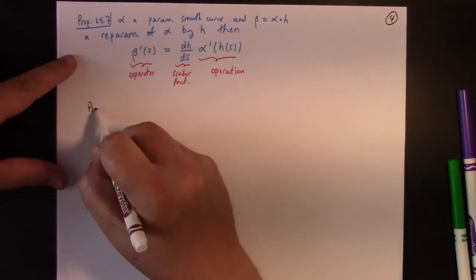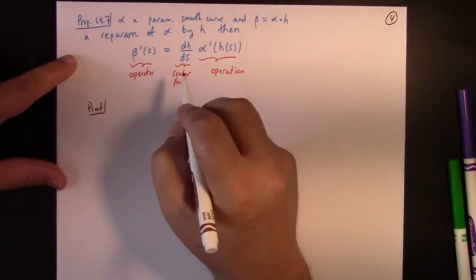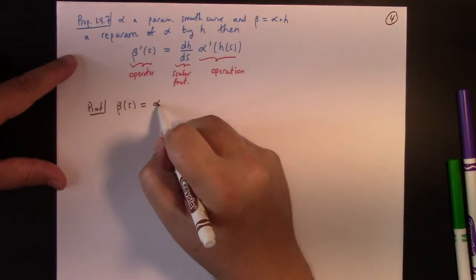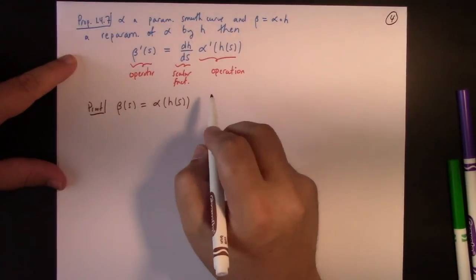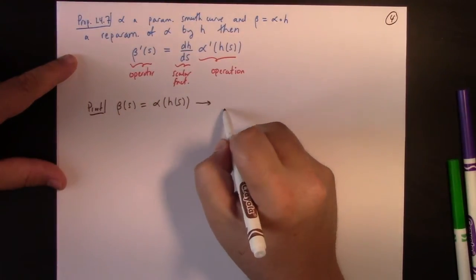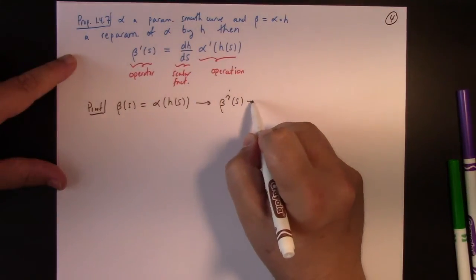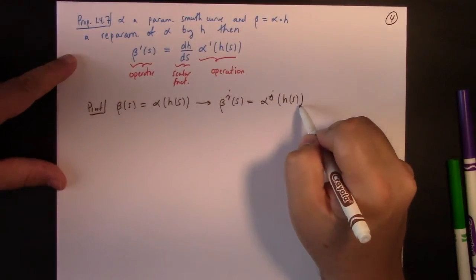So let's see here, the proof. We have beta of s, of course, is equal to alpha of h of s, right? So in particular, that tells me that the jth component of beta is equal to the jth component of alpha composed with h of s.